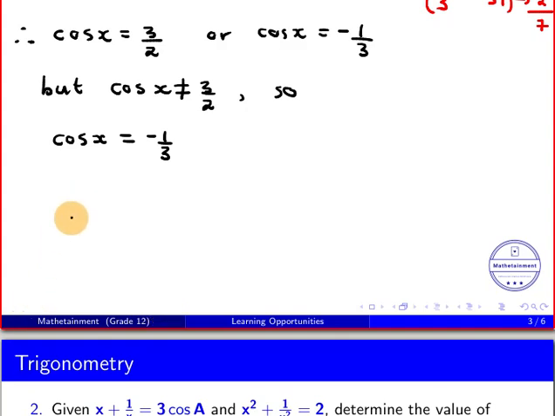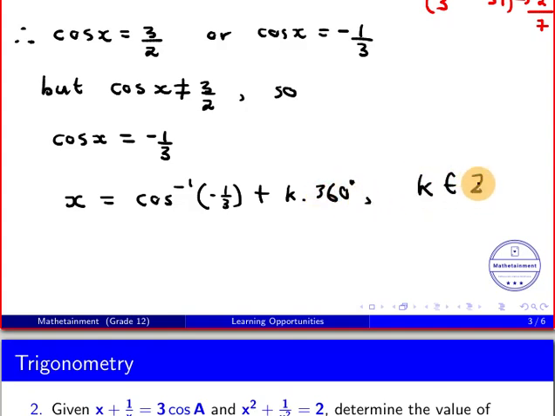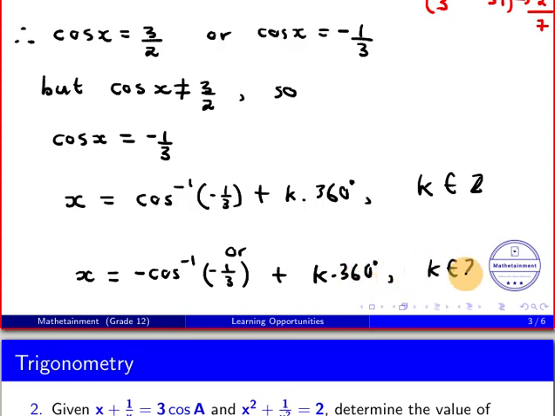For a cos function, the general solution will be x is equal to arc cos negative 1 over 3 plus k times 360, where k is an integer, or x is equal to negative arc cos negative 1 over 3 plus k times 360, where k is an integer. Now, we are done with our general solution.